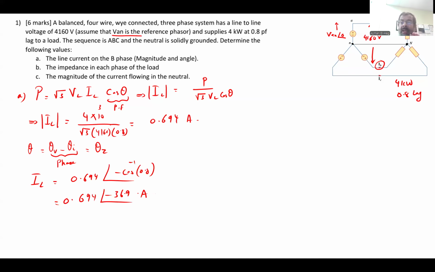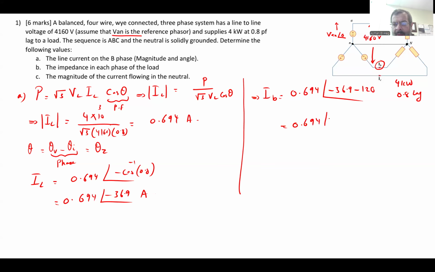That is the line current in phase A. I want to find phase B. Your IB will have the same magnitude because it's a balanced system, so it's 0.694 with an angle of minus 36.9 minus 120. For phase C, it is plus 120.